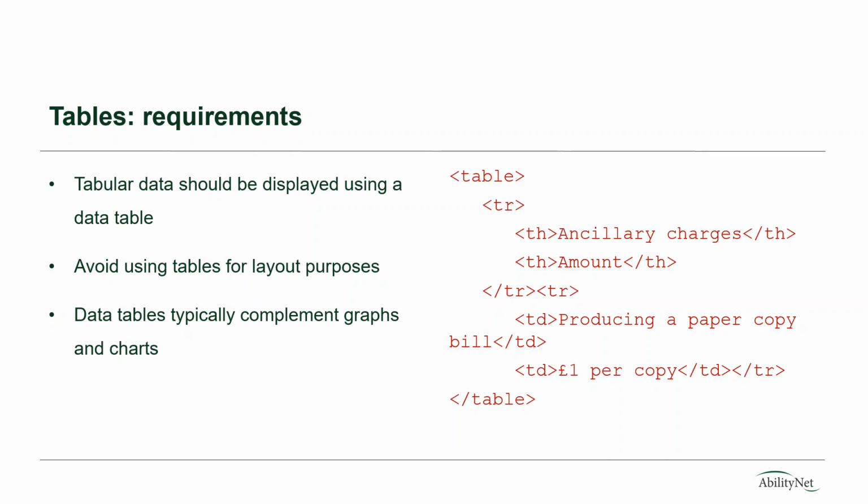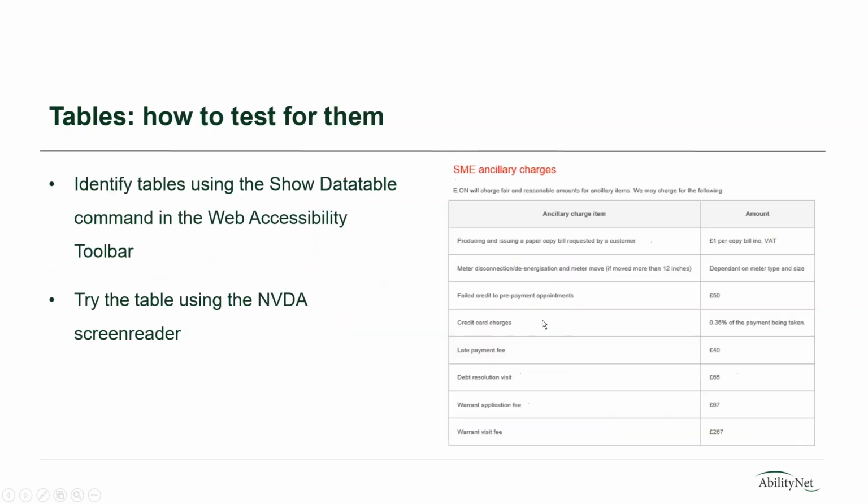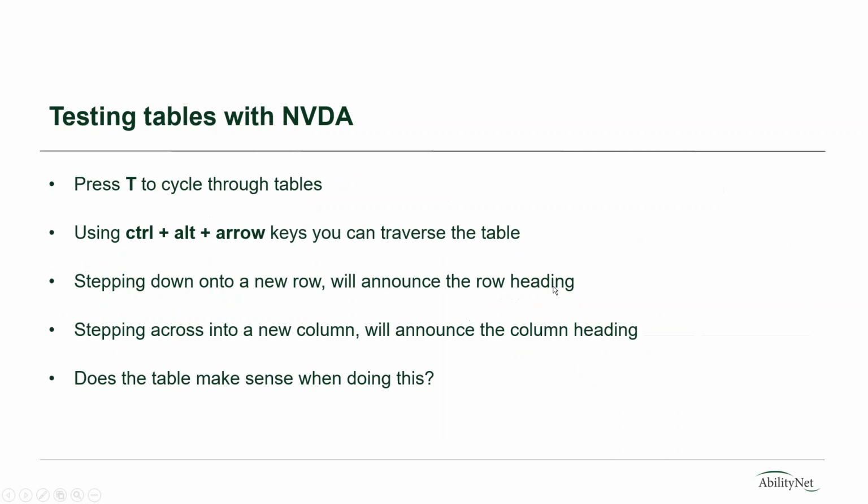You can find tutorials for those online, but I could not find any examples on the Eon Energy website, so I'm just covering simple data tables in this instance. And really the key is to use TH elements, table header elements, for a header cell, and then all the rest of the cells should just be TD. And that is enough to create the relationship between the heading and each cell below it.